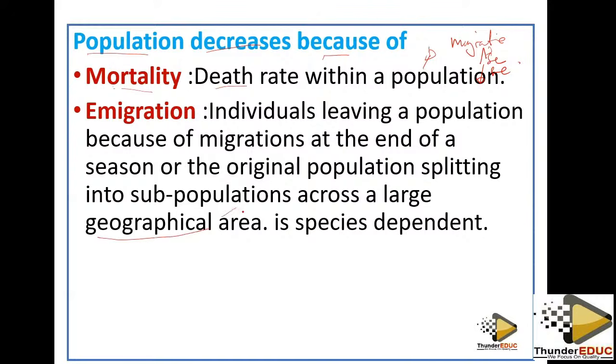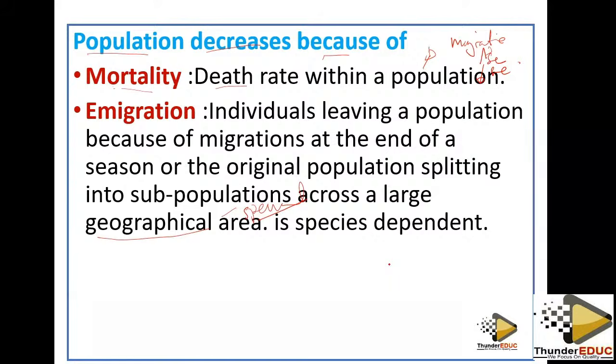We call it geographical isolation, or what you call speciation, but specifically what you call allopatric speciation, the formation of new species due to a geographical barrier separating the original population into two or three subpopulations, depending on what is formed at the end, because you can have two or three species being formed.